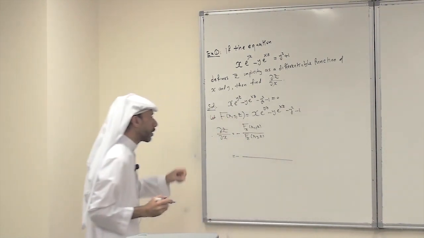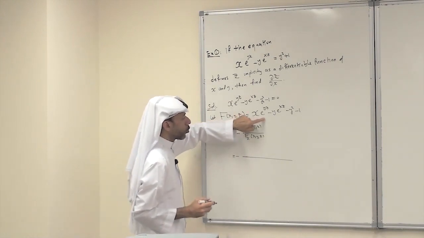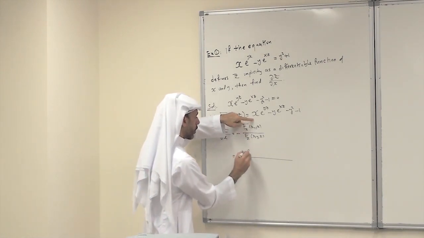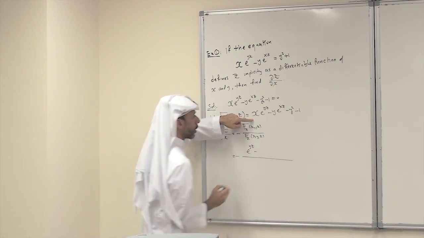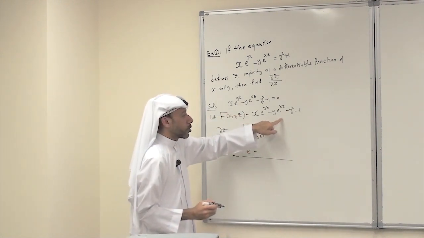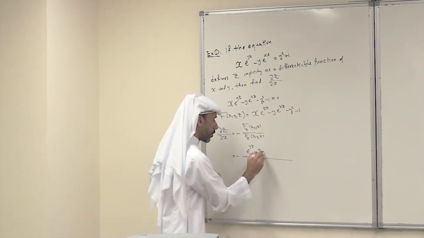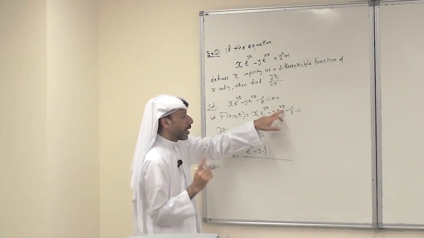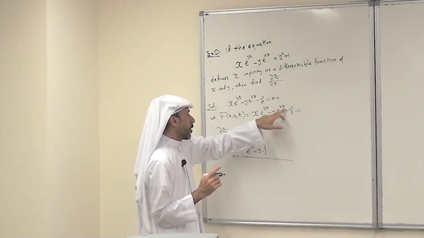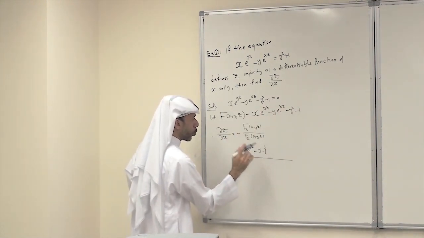For the numerator, we differentiate capital F with respect to x. When you differentiate this with respect to x, you get e^(yz) minus, differentiate this with respect to x. So I have y constant times the derivative of e^(xz).